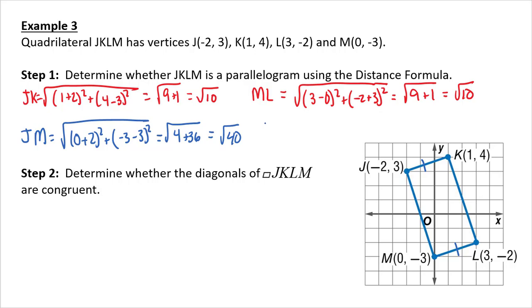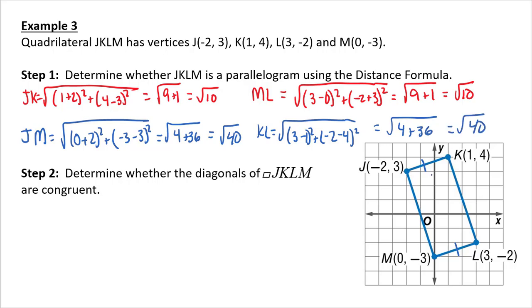And then KL. I have 3 minus 1 plus negative 2 minus 4. So that equals 4 plus 36. So yes, this is a parallelogram, okay?